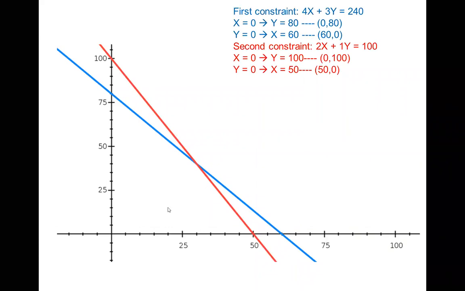The first line is the blue line, and the second constraint is the red line. Solve them as two equations with two unknown variables, you'll find the solution 30 and 40. خلاص, that was to clarify how to find an intersection from the graph.